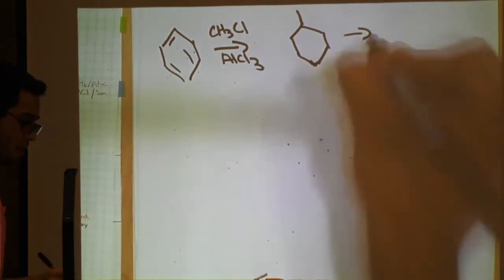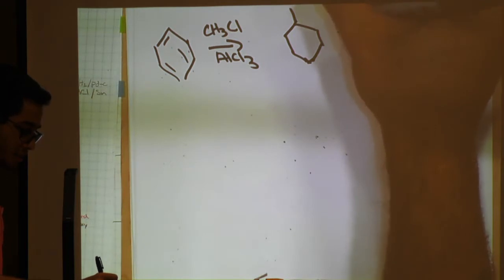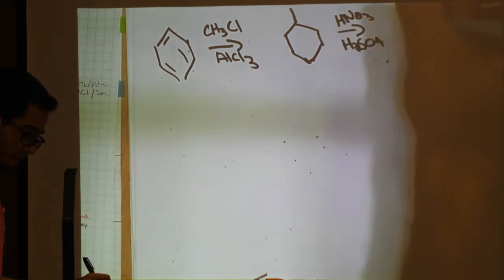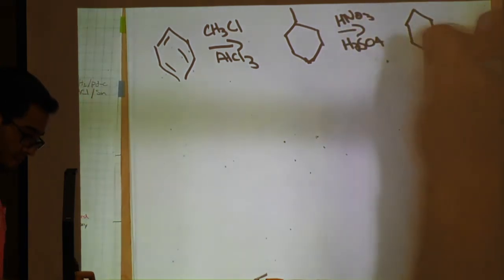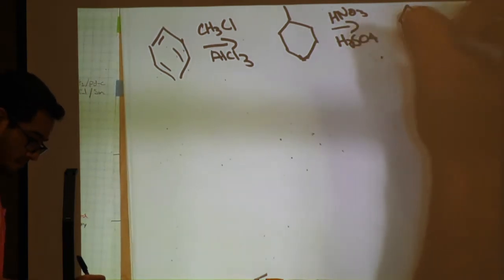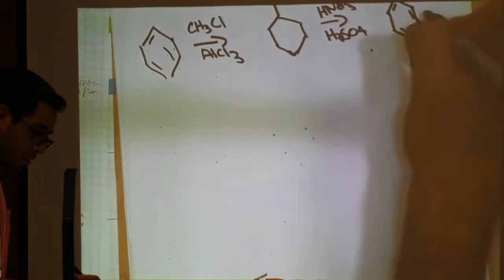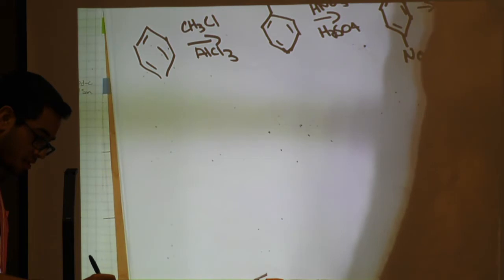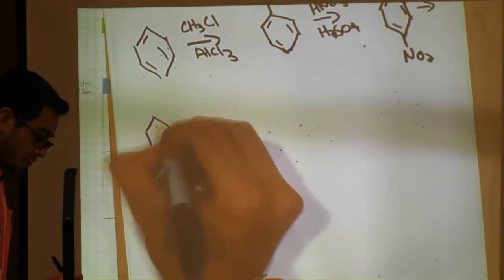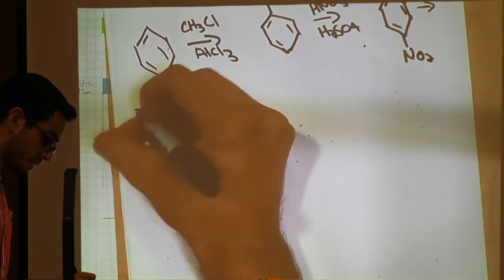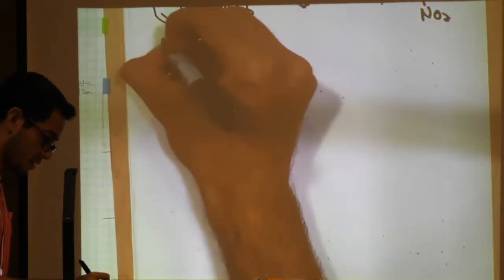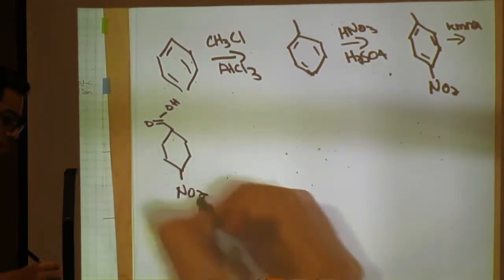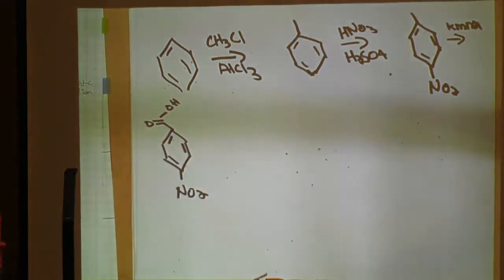And then from there, we can add the nitration, which is HNO3, H2SO4, and then we can change that with KMnO4, and that will create our final product. And that's how you get it.